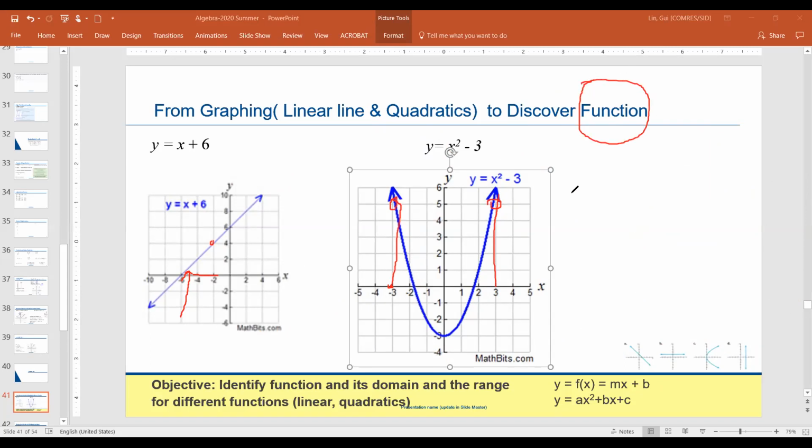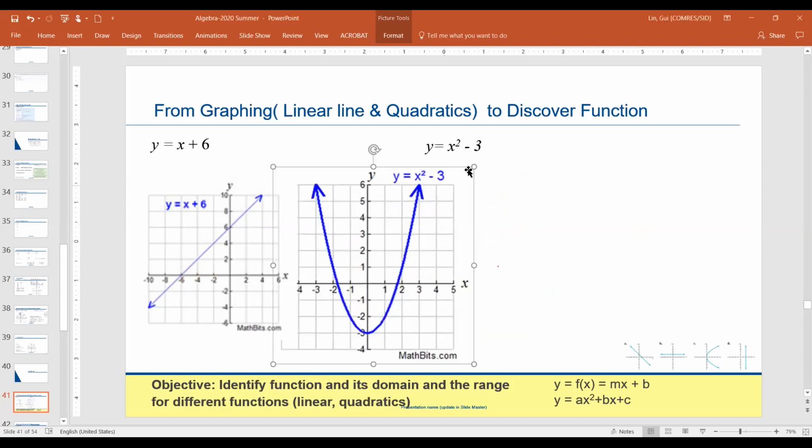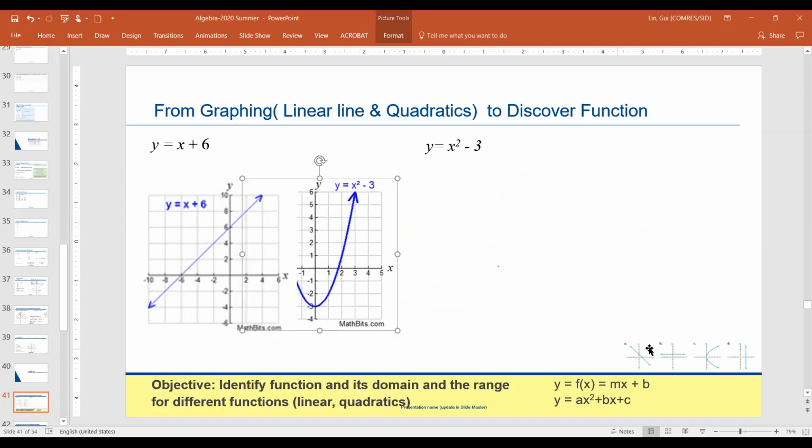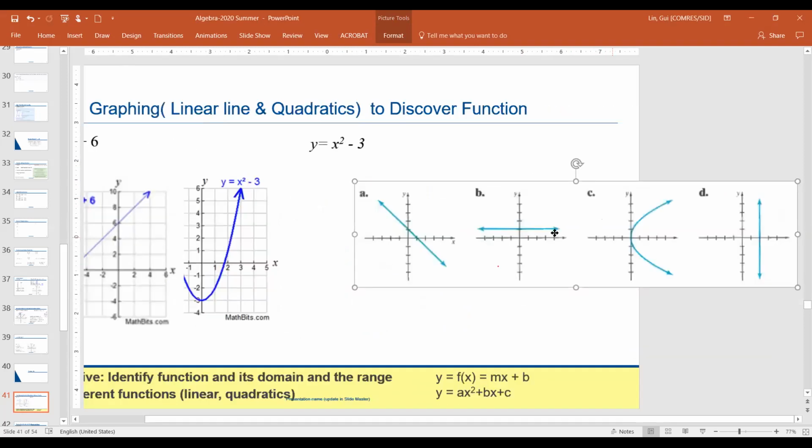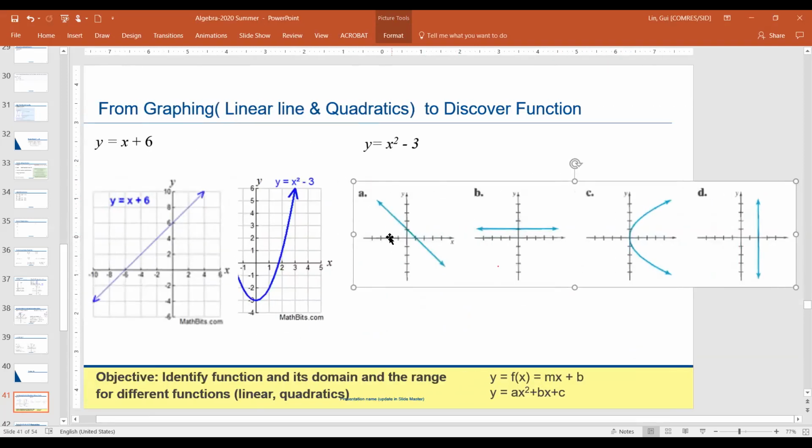function. If you input one piece of data and it generates two, that's not good. Let me give one example here. Something like this one.